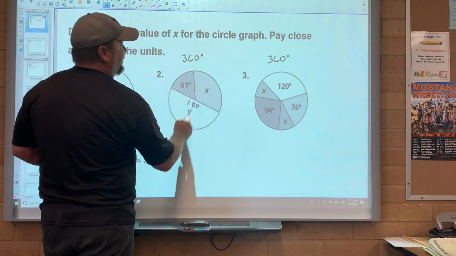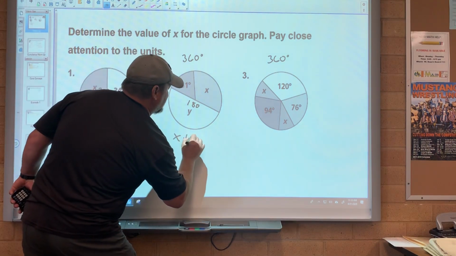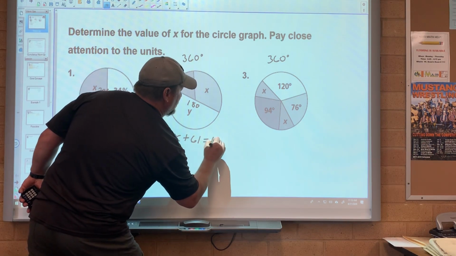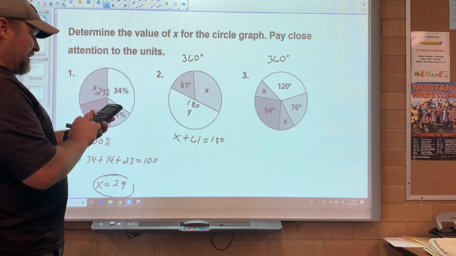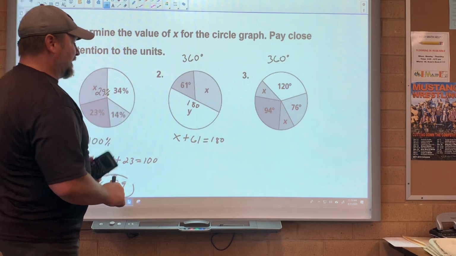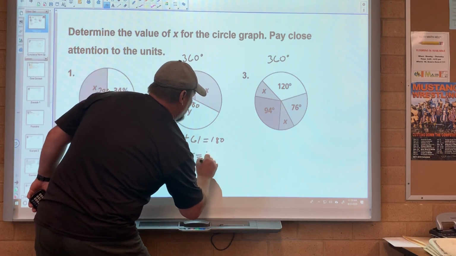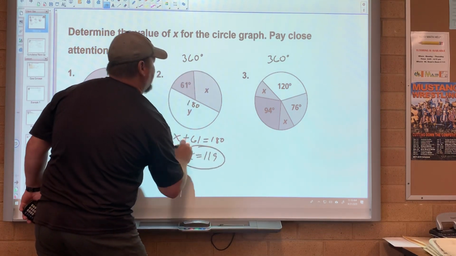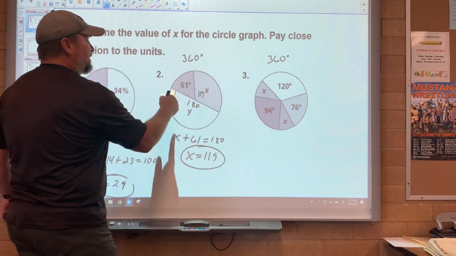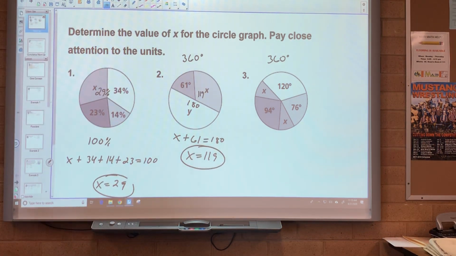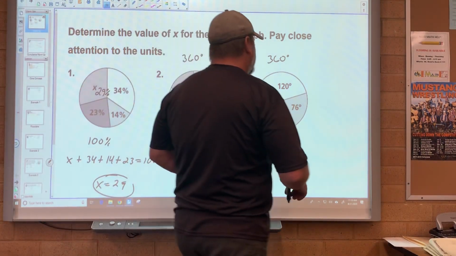So how do I find that one? x plus 61 equals 180, which is half of it. I'll just go 180 minus 61, and I get x equals 119. I could double check that by adding all three of them together, and they would add up to 360.